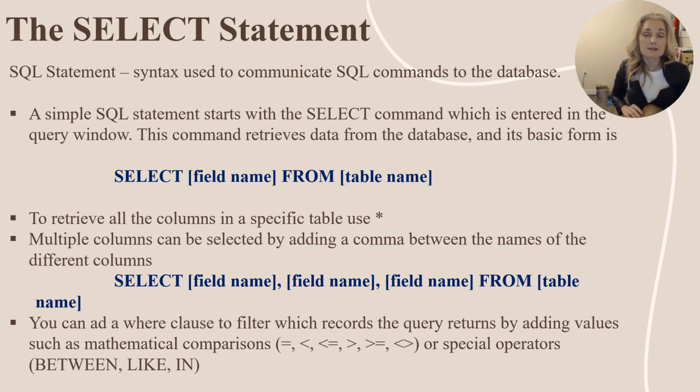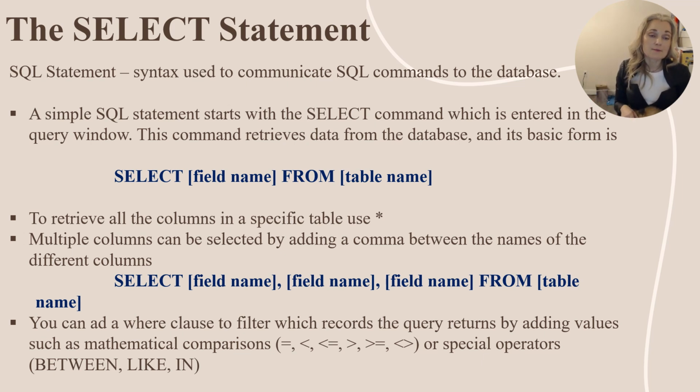And in its basic form, what you're writing is select, and then you're identifying the field name that you would like to select and from which table that field is in. So for example, if we're looking at the customer order table and we would like to select customer names, we would say select customer name from customer table.